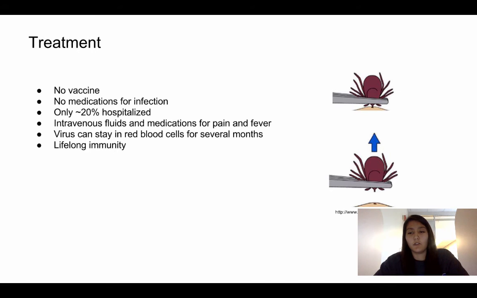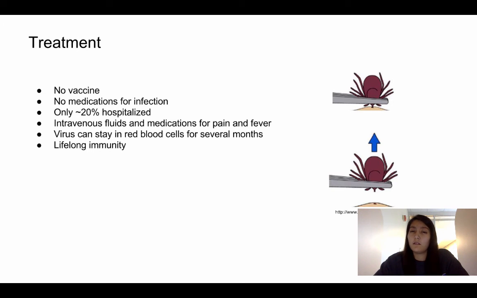So obviously, when you get bitten, if you look at the picture, you want to remove the tick, because that can cause problems if you just leave it. Also, that's gross. I read that there was an old way of taking them off where you would put a flame to the bottom of the tick.